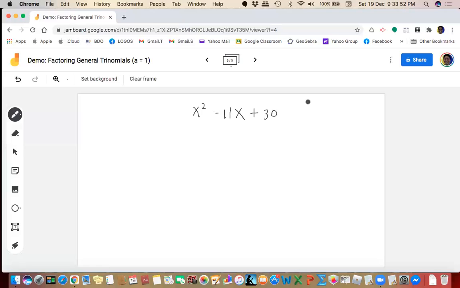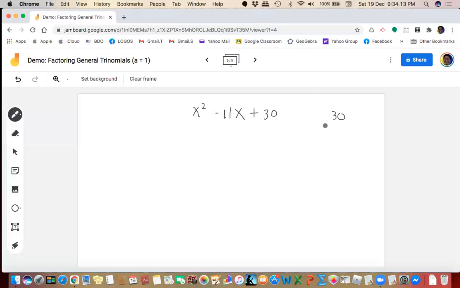All right, so we're looking for factors of 30. Let's write it down here on the side. We're looking for factors of 30 which add up to 11. You can disregard the sign first. You just put it in later. Just worry about what to do with the factors. So we're adding because the third sign is positive.